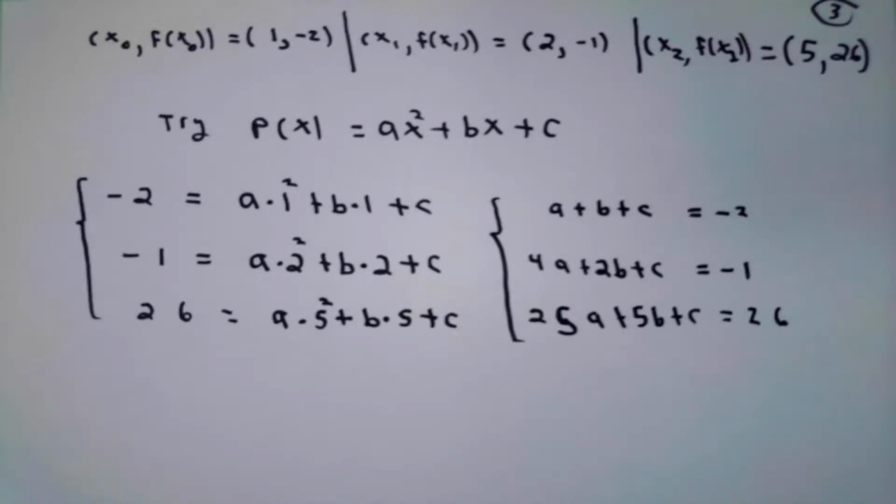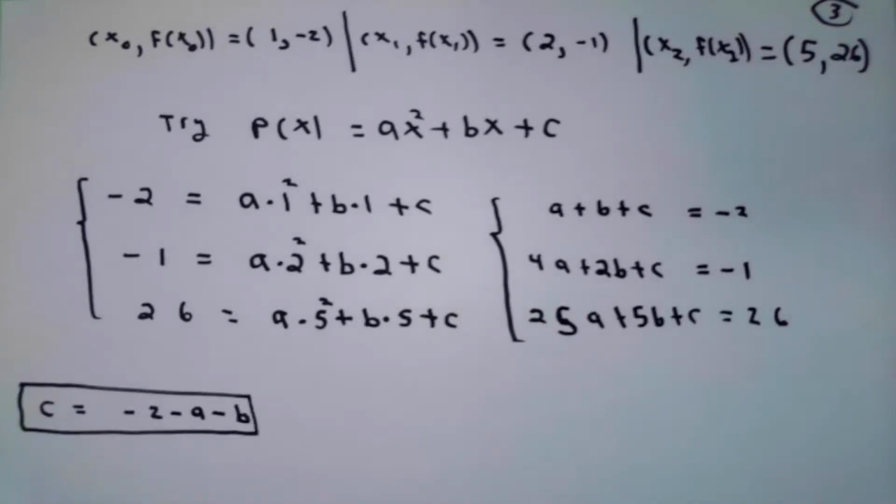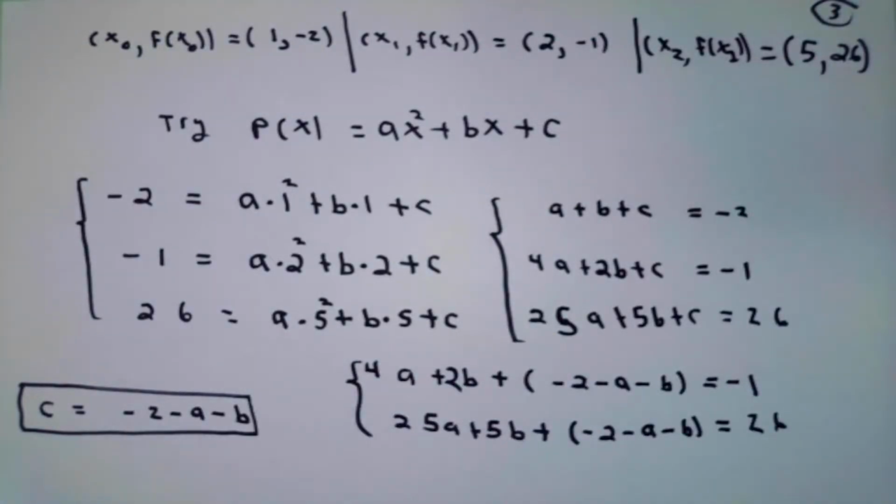We're led directly to a linear system of equations to solve if we want to do the interpolation problem in this way. If you look at that top equation, a plus b plus c equals -2 tells me that c is -2 minus a minus b. I'm going to substitute that into the other two equations. So 4a plus 2b plus c, where c is -2 minus a minus b, has to be -1.